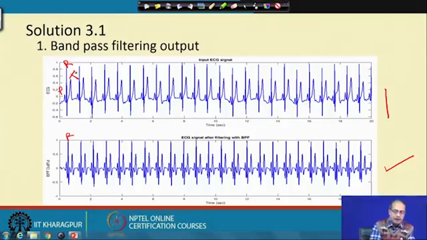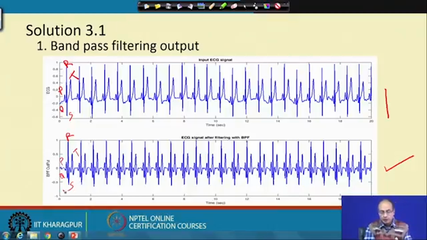Okay. Now, after doing the band pass filtering, we see the difference has increased. Okay. P has got completely subdued. However, of the other two, Q and S, Q has become more prominent, that is away from the 0 line, I would say, and S has also become prominent.